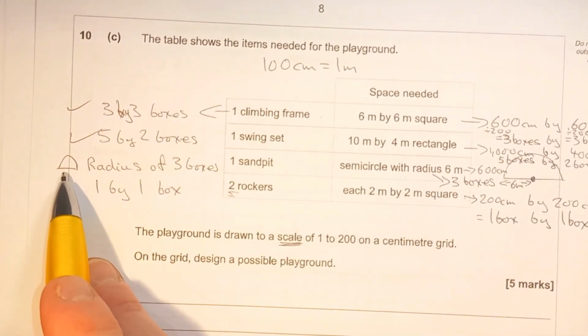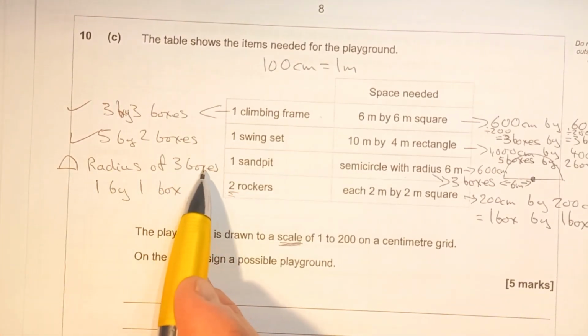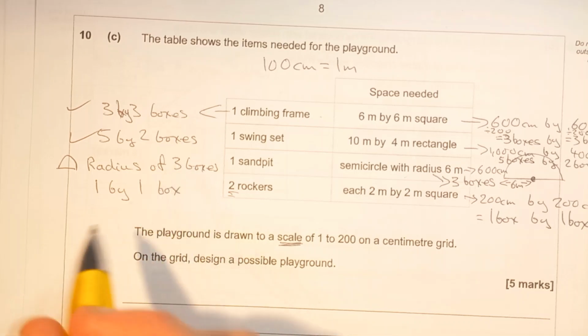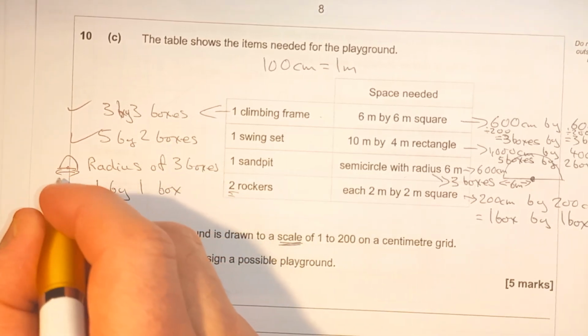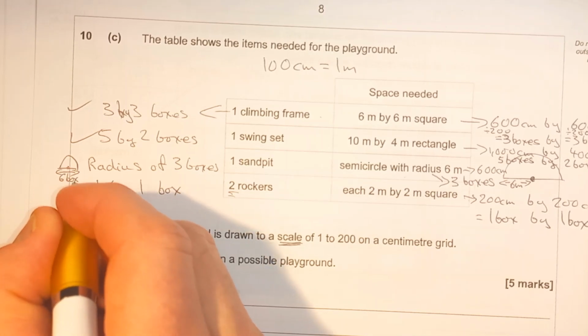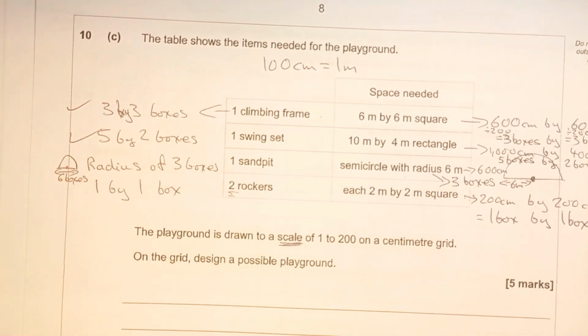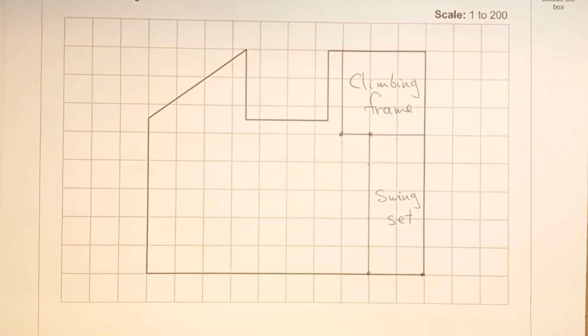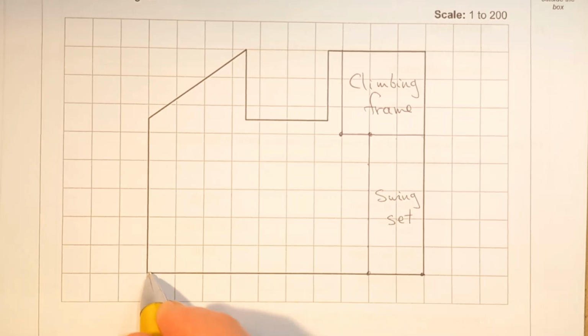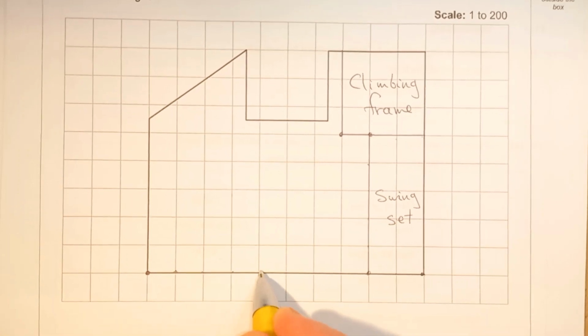Then we've got our semicircle with a radius of 3 boxes. Well, if you think it's a radius of 3, well, that means all the way across, it's going to be 6 boxes. So maybe we could have done that one before, because that could be a little bit awkward. So where can we put a nice 6 boxes? Maybe start down in this corner. We'll go 1, 2, 3, 4, 5, 6.